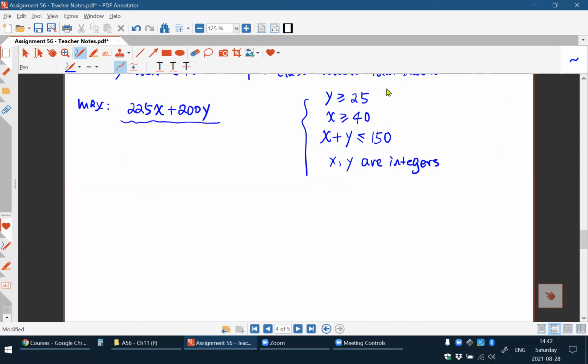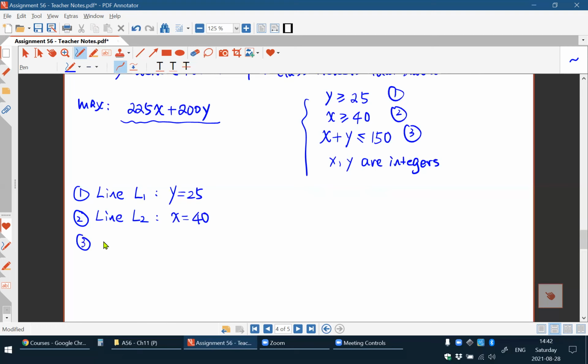Okay, so let's start from the constraints to see how we can maximize our target function. From constraint number 1, we can get a boundary line, it's called L1, which is Y equals 25, right? And from constraint number 2, the boundary line L2 is X equals 40, right?